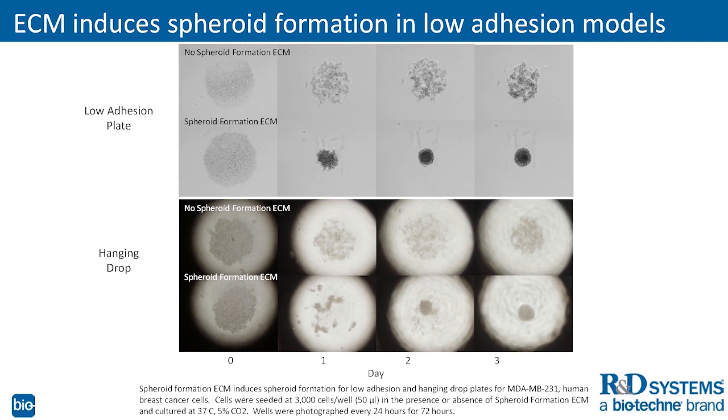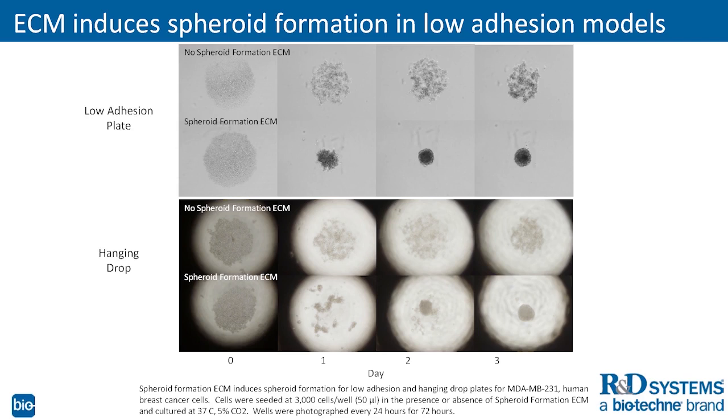Similarly, with the hanging drop, which I mentioned before, it dates all the way back to 1907. We see that in the absence of the spheroid ECM, these are for MDA-MB-231 cells, there is no spheroid formation, and then when we add the ECM proteins, we do get spheroid formation over the 3-day period.